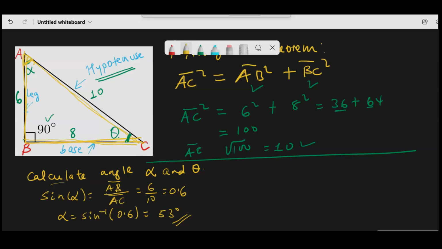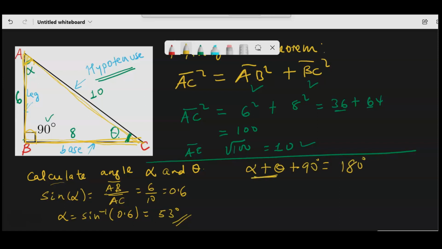Okay, let's use that as a simple method to calculate the last angle theta. So we know that the internal angles, alpha plus theta plus the right angle 90 degrees, must altogether be 180 degrees.